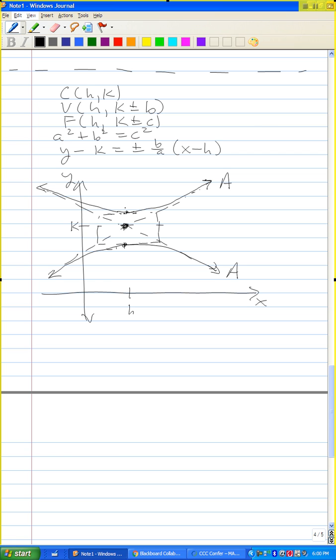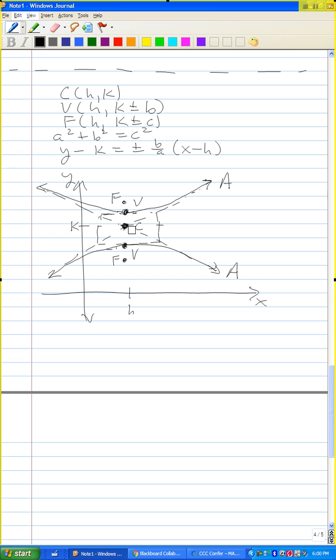Here are my vertices. Here are my two foci. Here's the center. And I've drawn my bounding rectangle.